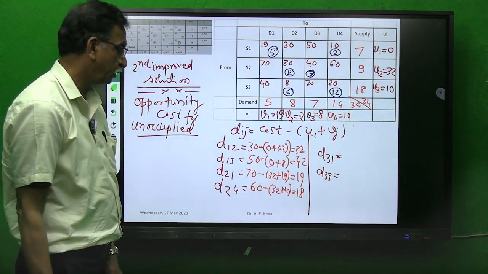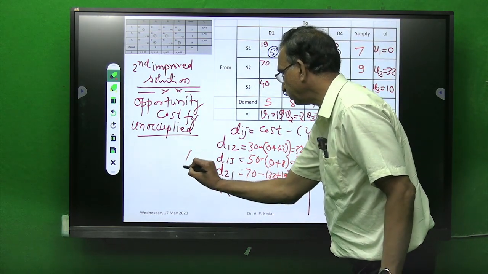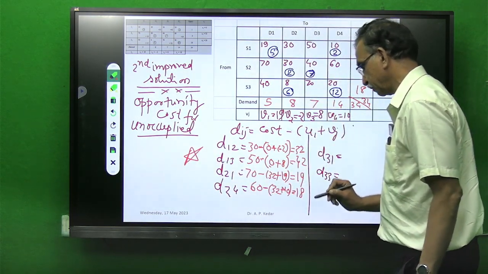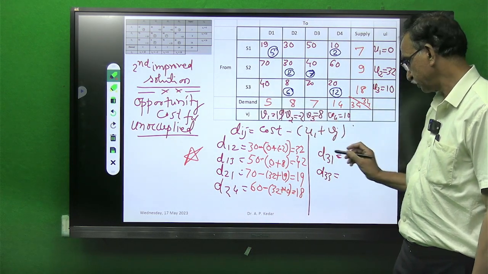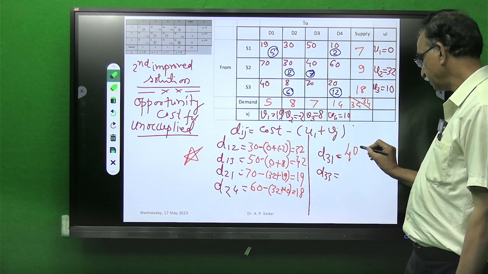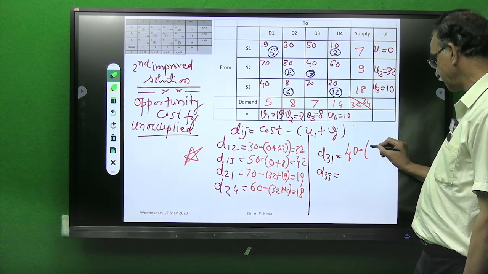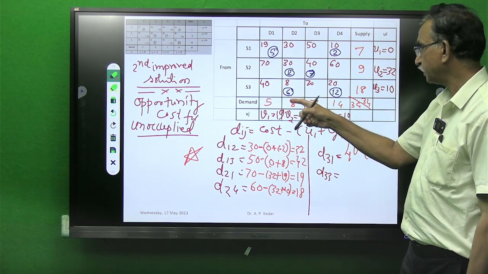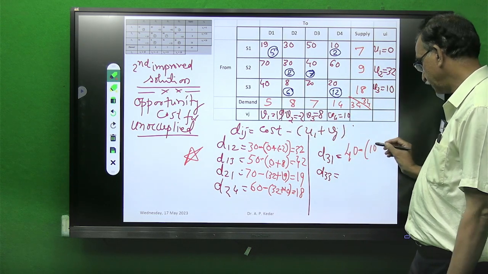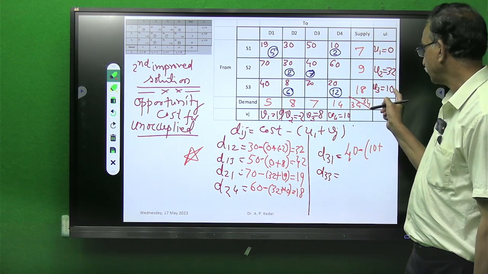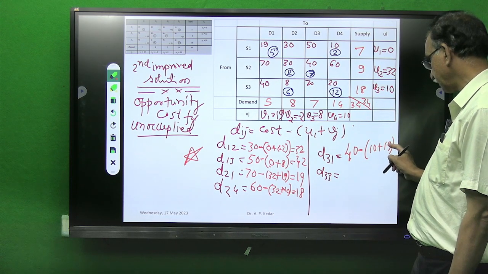Got it? Now this is very important. I am putting a star mark on this. D31: it's 40 minus, for 40 it is 10 plus 19. 10 plus 19 is 29.